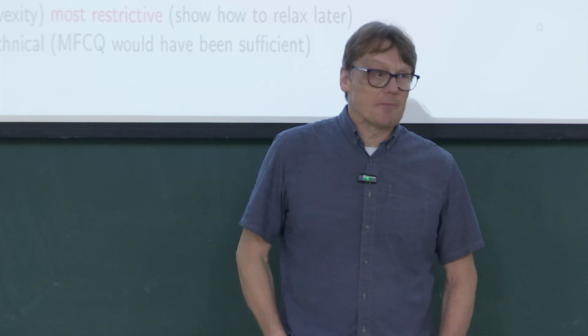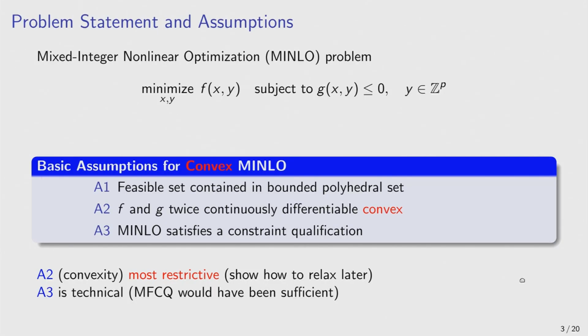The assumptions that we make here are that the feasible set, so the set of all points that satisfy the nonlinear constraints and integrality, is contained in a bounded polyhedral set. Maybe somebody gives us lower and upper bounds, for example, on the variables. And the functions are twice continuously differentiable and convex.